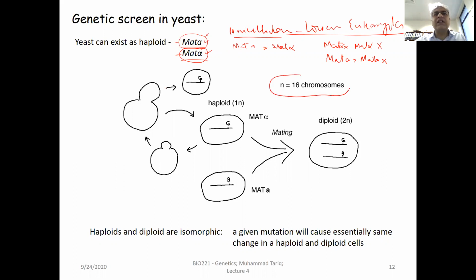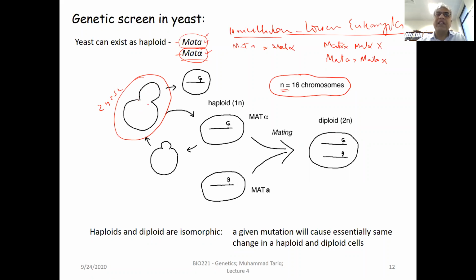It's a simple organism with many chromosomes. So haploid is 16 chromosomes. How it reproduces, let's say this is the diploid yeast. Diploid yeast 2N is 32 chromosomes. It always divides asexually by budding.